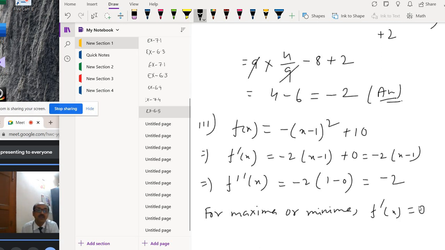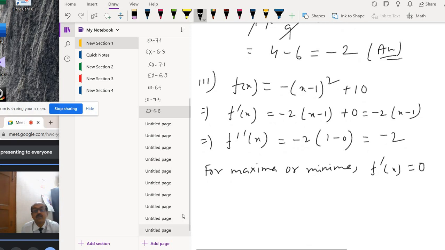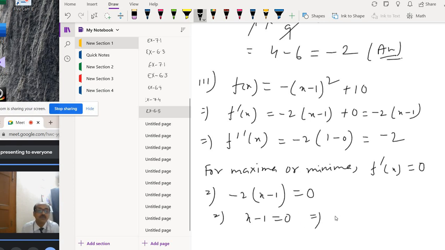This is the condition. So minus 2 into (x minus 1) equal to 0, so x minus 1 equal to 0. So x equal to 1. So the point is x equal to 1.